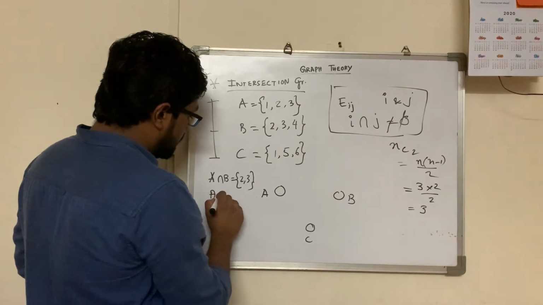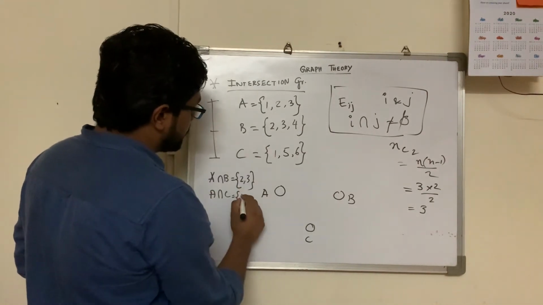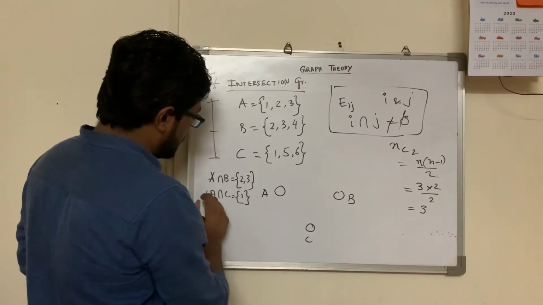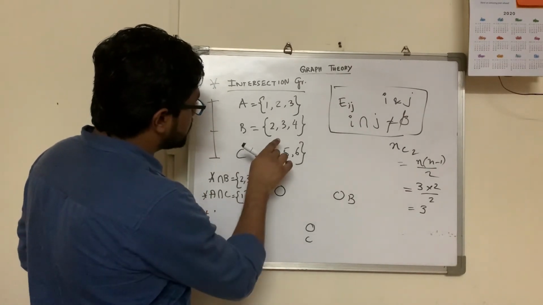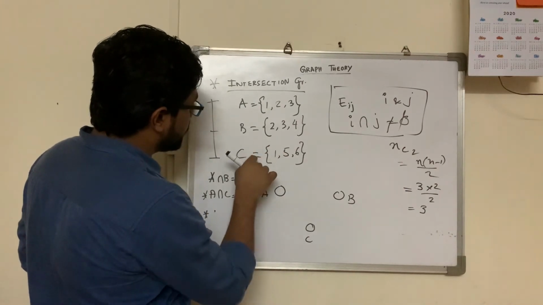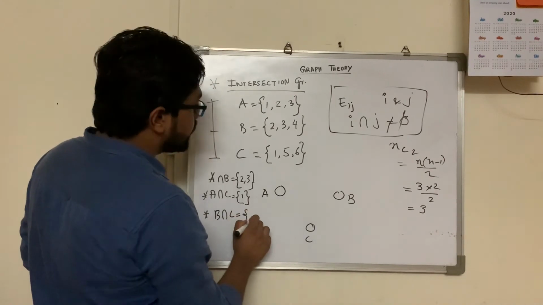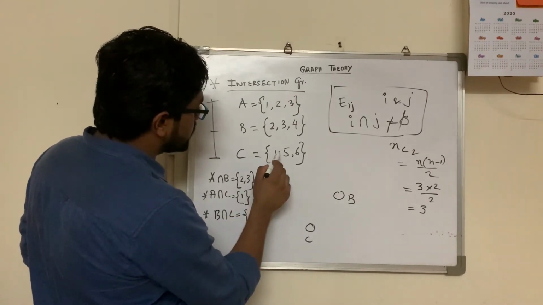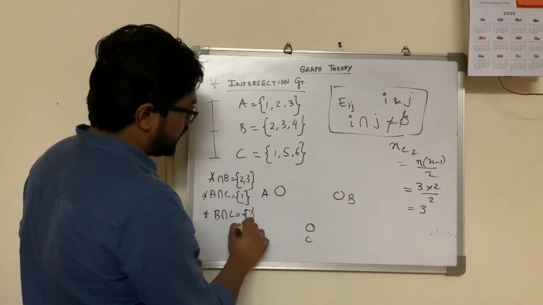Then A intersection C, the result is 1, and the result between B and C is left, right? B and C have nothing.